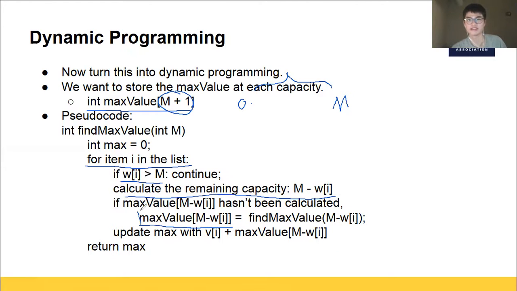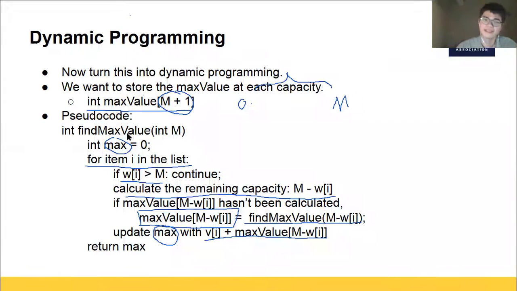If that value is not in our array, we have to recursively calculate it by calling find max value again. If it is already in the array, we simply use it in this step by adding together the last item's value and the max value we could achieve with m minus wi. Then we update our current max and return max in our function.